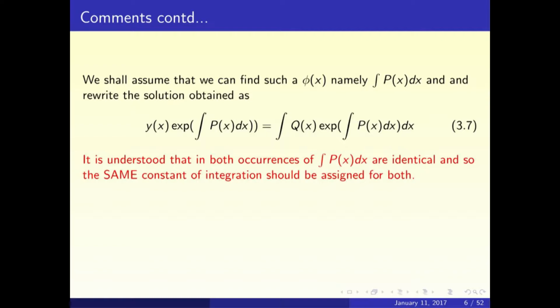So the constant of integration that you put for integral px dx on the 2 sides of 3.7 must be the same constant. And since the constant of integration is an additive constant, when you exponentiate, you will get a multiplicative constant. The additive constant c will become a multiplicative constant e to the power c, and e to the power c is non-zero and will cancel out from both sides of 3.7.